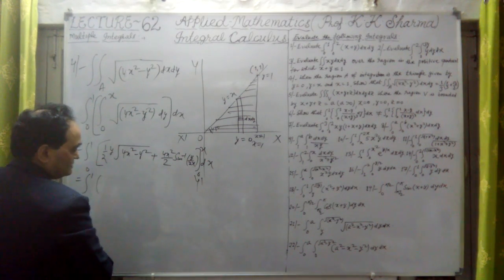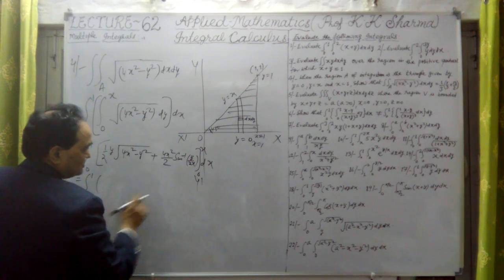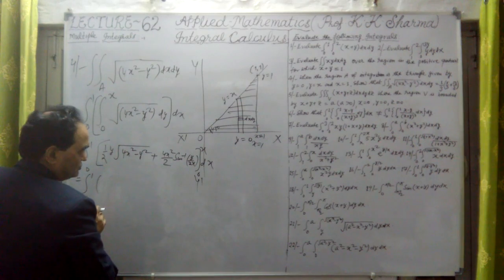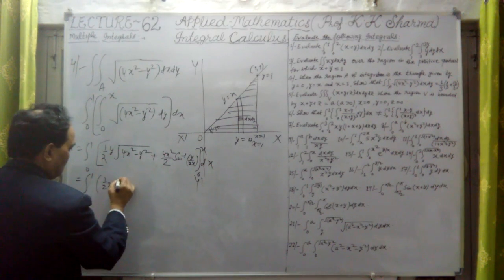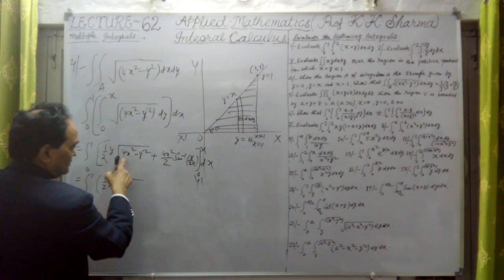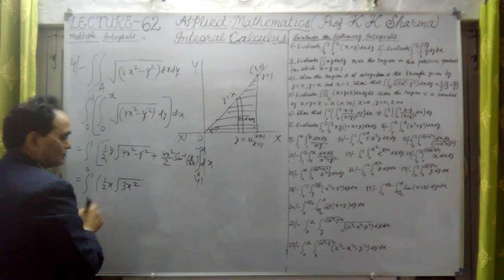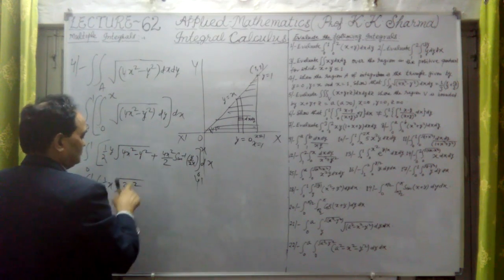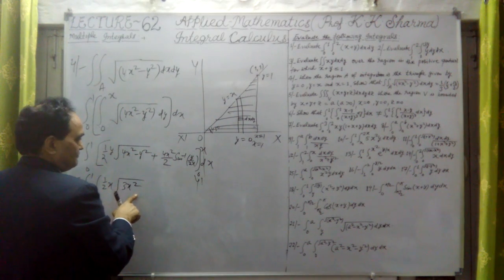Now, first step, when we apply the limit x, the lower limit is 0, so at 0 the whole value will be 0, but at only x we have to apply it. Now under root, this value will give us 4x² minus x², that means 3x². In place of y, we have to replace y by x. It will be 4x² minus x², that means 3x² difference.